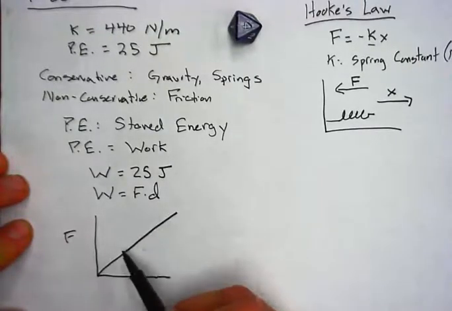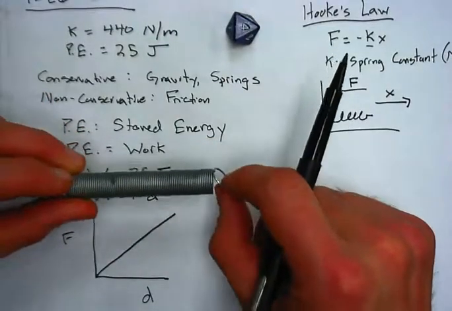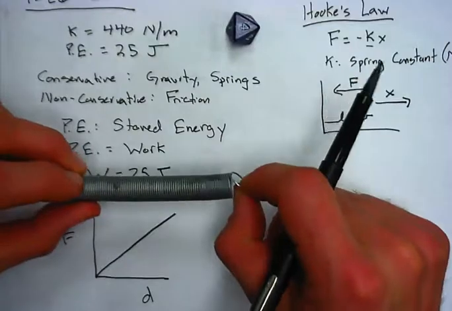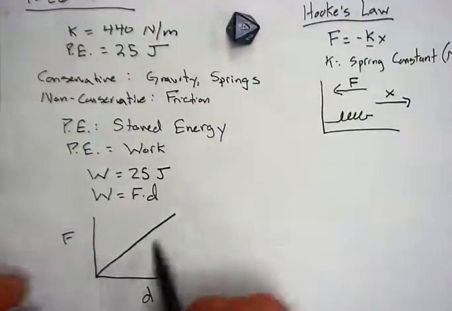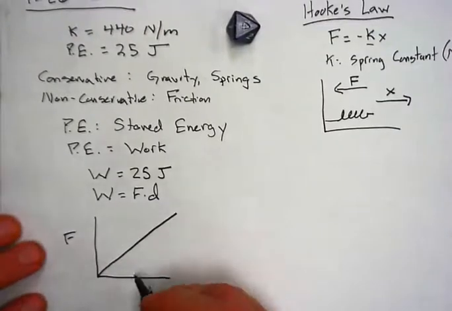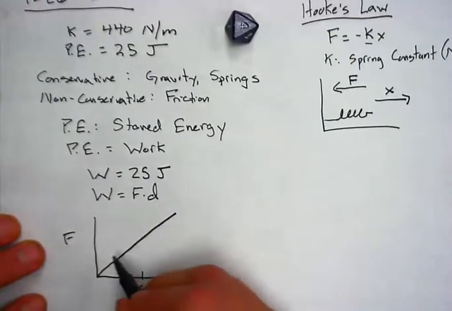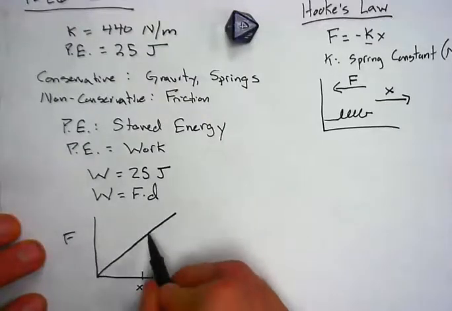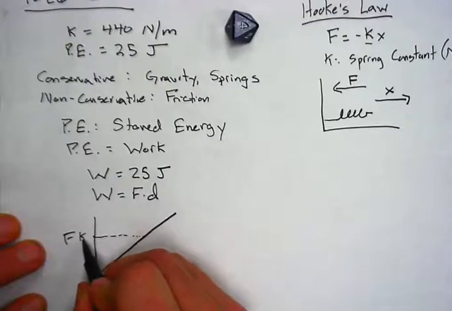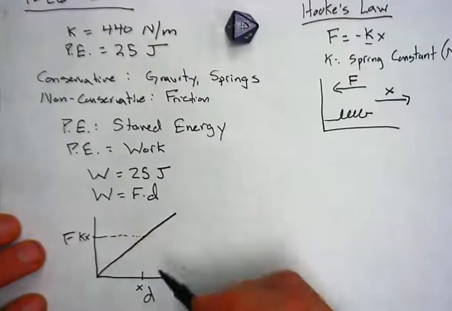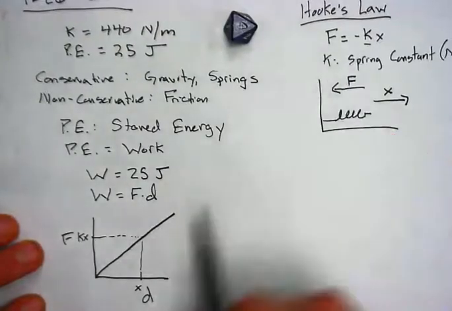Why? When the spring is displaced 0 meters, there's 0 force, and the more distance I displace the spring, the more force I get. If I call this distance x, when I pull the spring a distance x, the force will be kx, by Hooke's law.